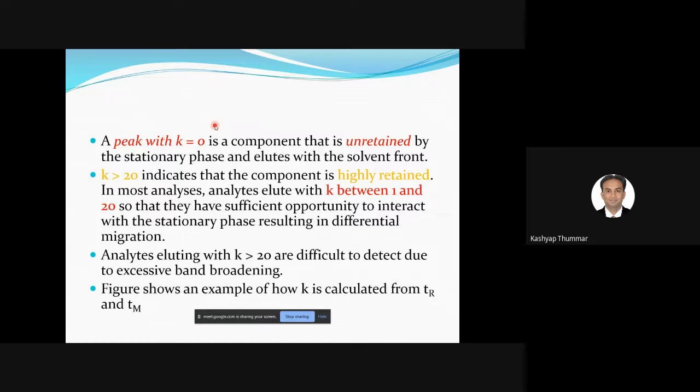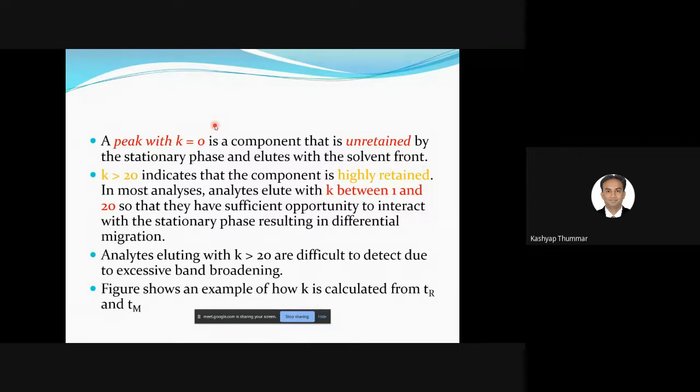So if you find the K value is 0, then the sample is unretained by the stationary phase and elutes with the solvent front. You can say there is no separation of the compound, and the sample is eluted with the mobile phase. That is the meaning of K equal to 0.